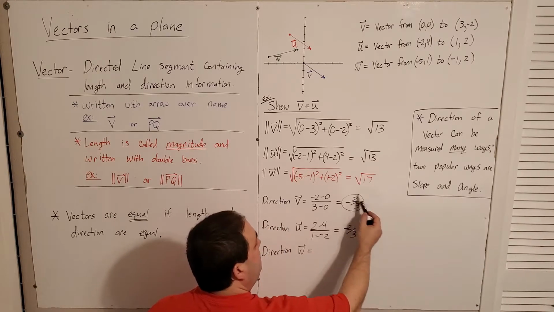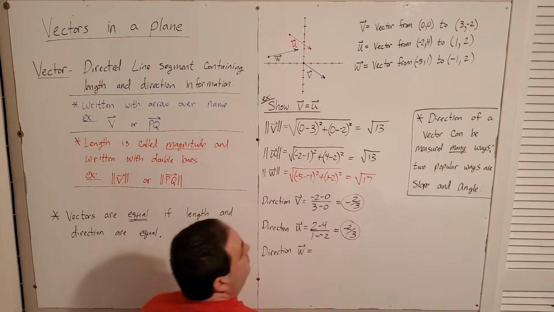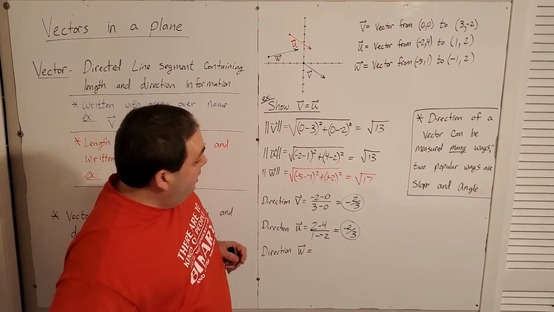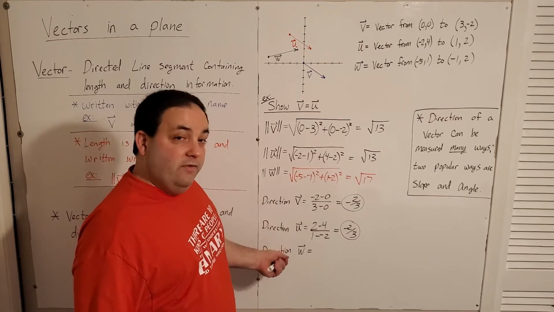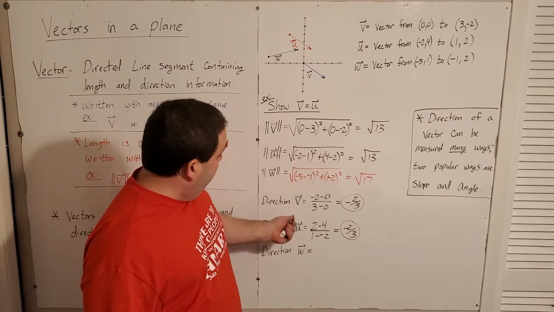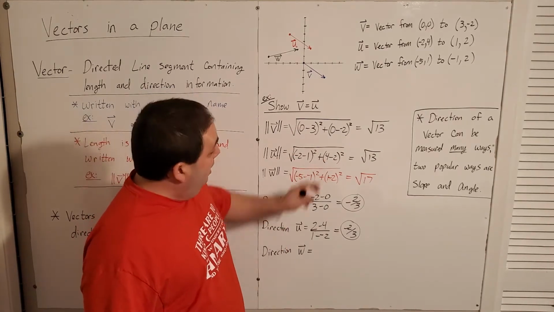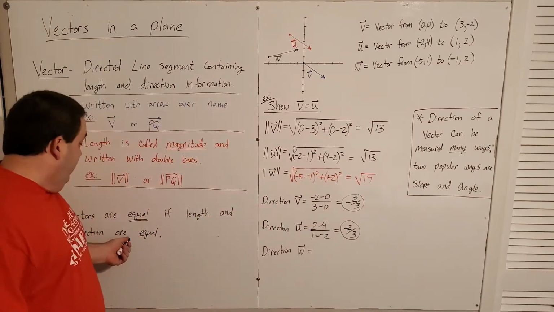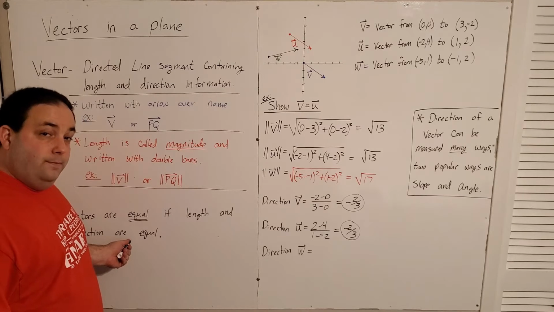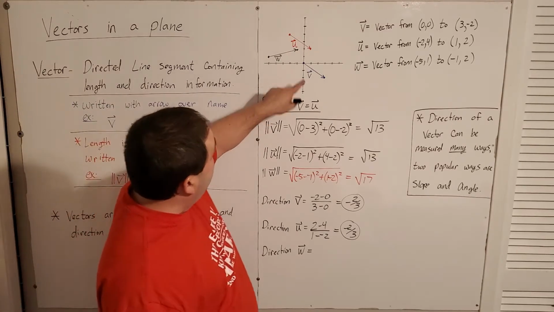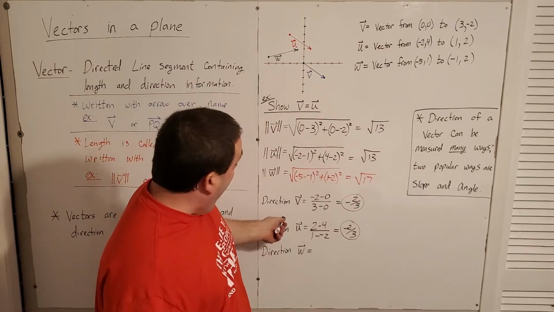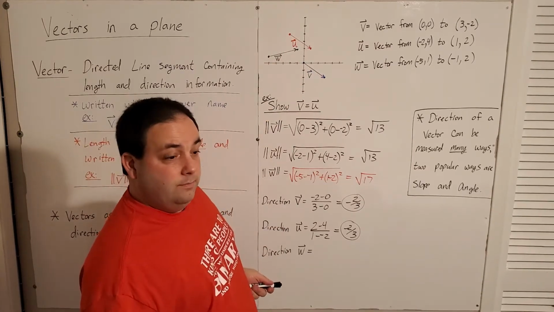Notice these two slopes are equal, which means that the line segments are parallel, and therefore their directions are equivalent. Their lengths are equivalent, their directions are equivalent. Because of these two facts, I can say that those two vectors are equal. So vector v and vector u, not only do they look the same on the grid, they are mathematically equivalent.